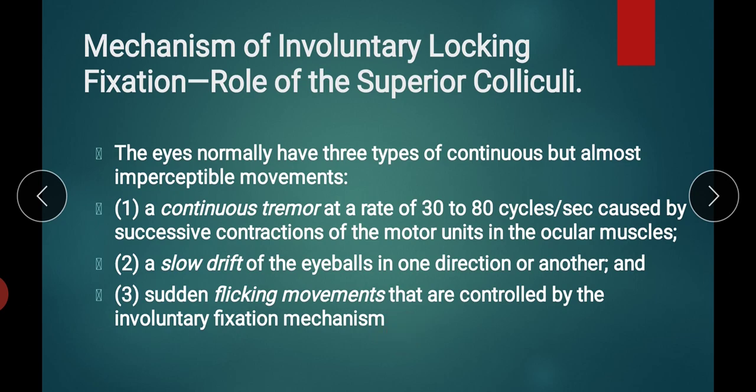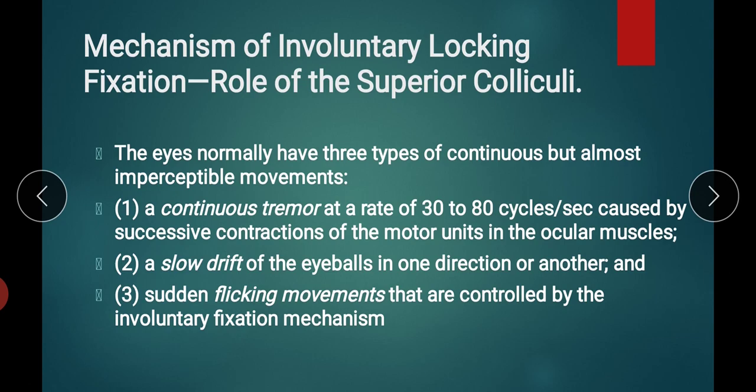Because of the slow drift, the image moves from the center of the fovea towards the edge of the fovea, and when it reaches the edge, it suddenly comes back to the center by this involuntary fixation mechanism. That movement is known as the flicking movement.